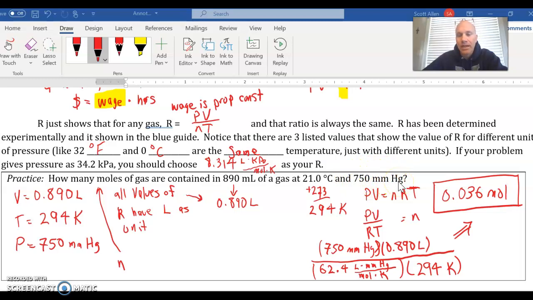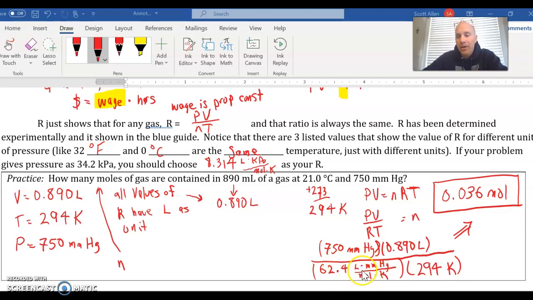Because we're using millimeters of mercury, if you look at the values for R in the reference guide, you'll see that the one that contains millimeters of mercury is the 62.4 liters millimeters of mercury per mole per Kelvin. I don't care that you can say it, but that's how you would say this if you wanted to. So make sure that you choose this particular value for R.